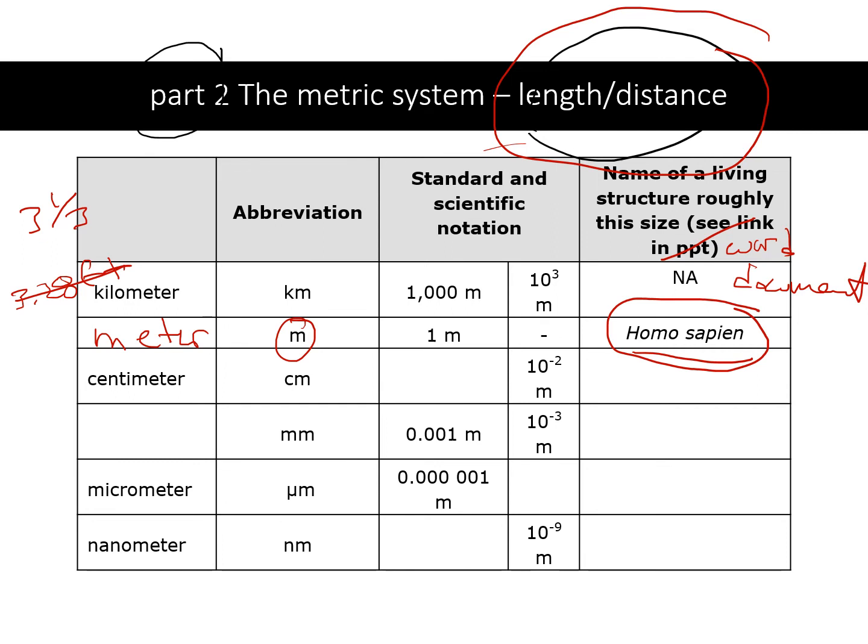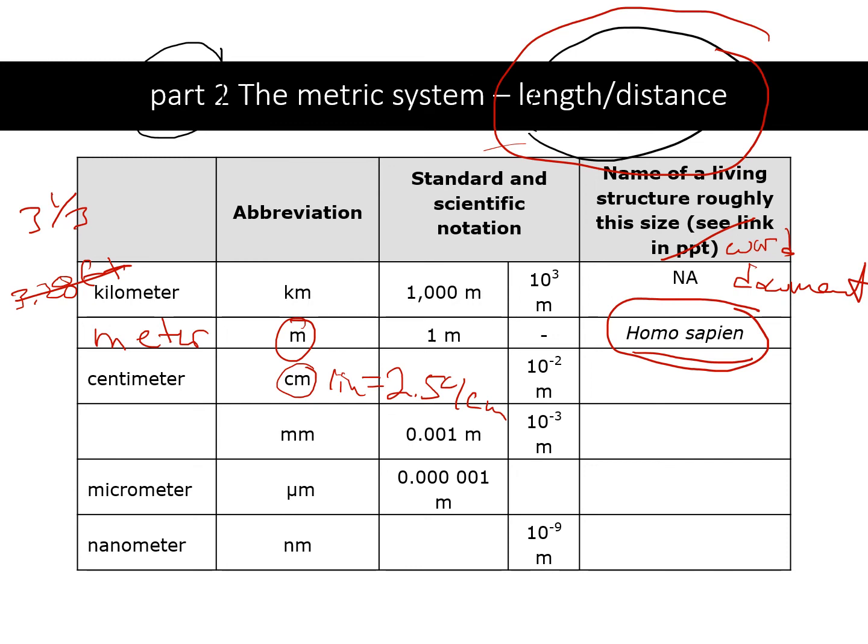Okay. So centimeters. Centimeters is kind of the world of inches. 1 inch is about 2.54 centimeters. 1 inch equals 2.54 cm. Science standard, I'm not going to do this one for you.